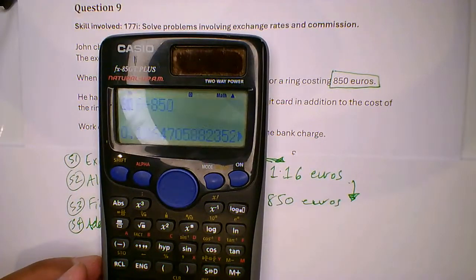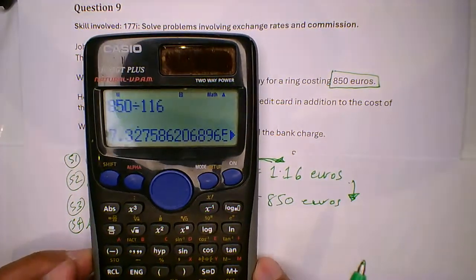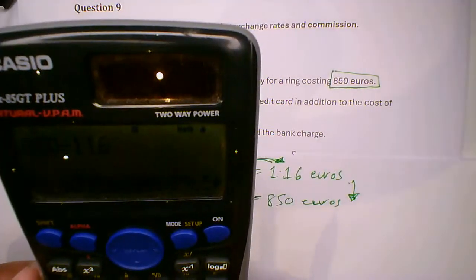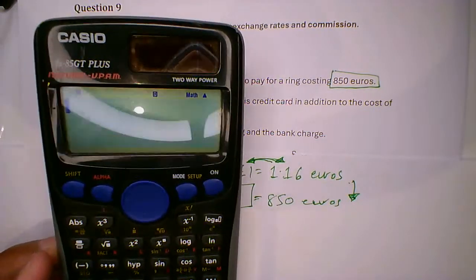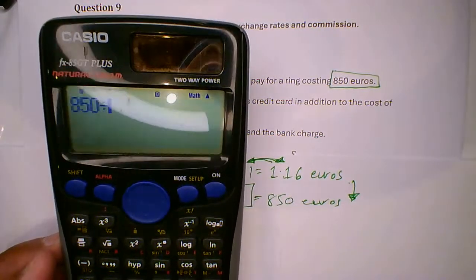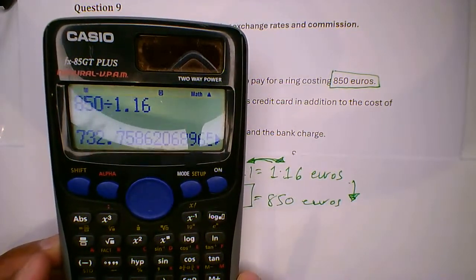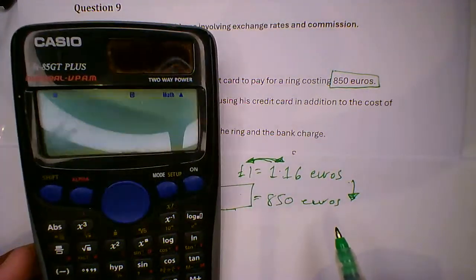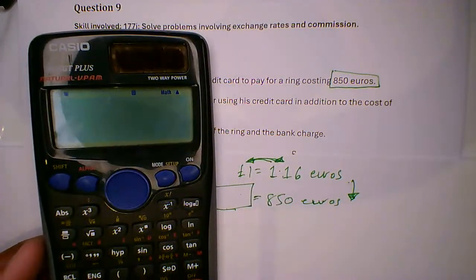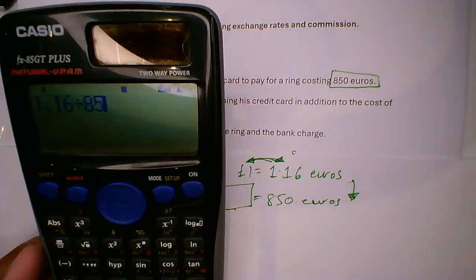Clearly that doesn't look right. Do 850 divided by 116. No, I put the wrong digits in: 850 divided by 1.16. That looks better now, 732. So just play around with your calculators and then something will look right. I'm going to double check, did I do the other one right? 1.16 divided by 850.